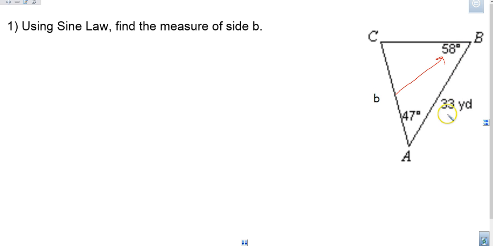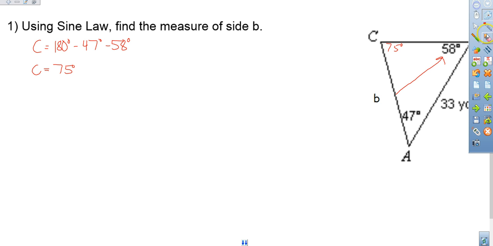Now the other side that I have, 33 yards, I actually don't know what the opposite angle is just yet. But if I know two angles in a triangle, I can figure out the remaining angle by subtracting those two from 180 degrees, because the sum of the angles is 180. So that would be a 75-degree angle, and I'll draw it in there.